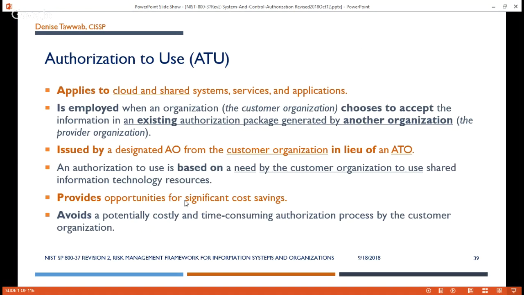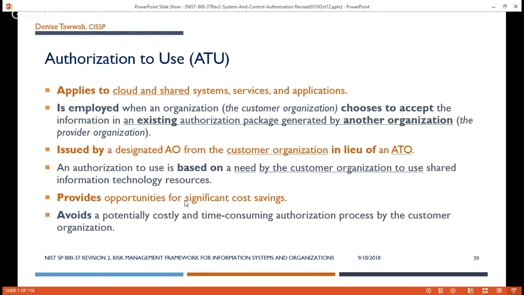An authorization to use is going to be based on a need by the customer organization to use some shared information technology resources like cloud services of some kind. The ATU provides opportunities for significant cost savings and avoids a potentially costly and time-consuming authorization process by the customer organization. So this organization is providing cloud services.